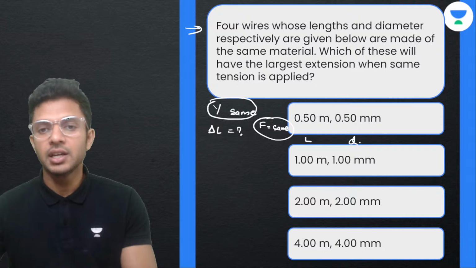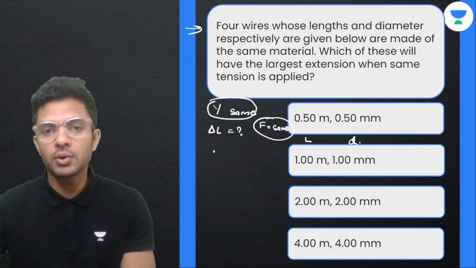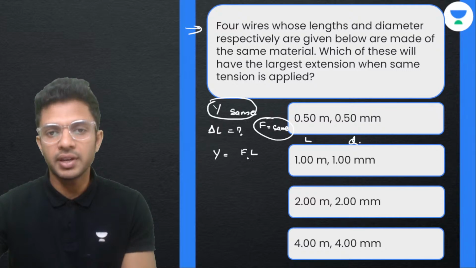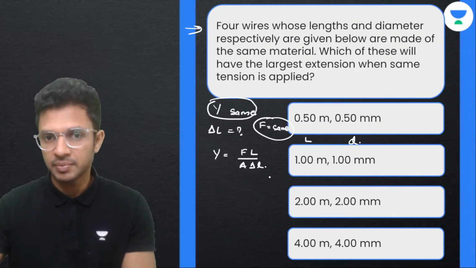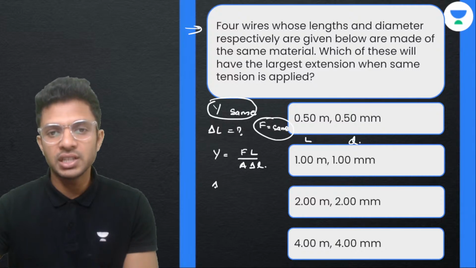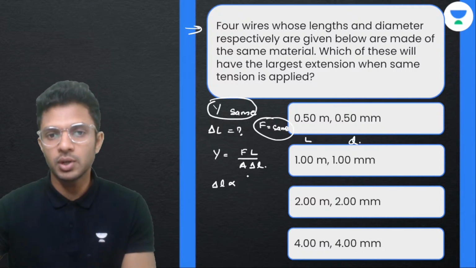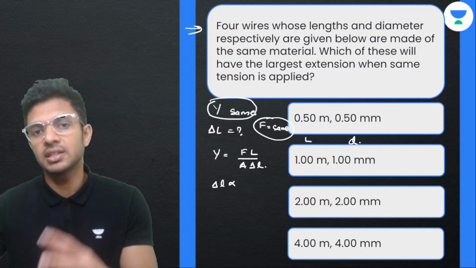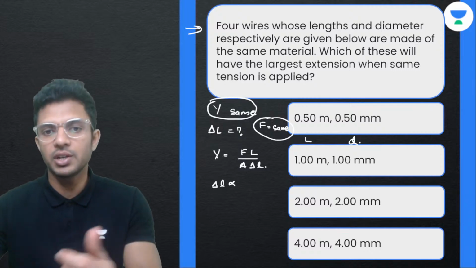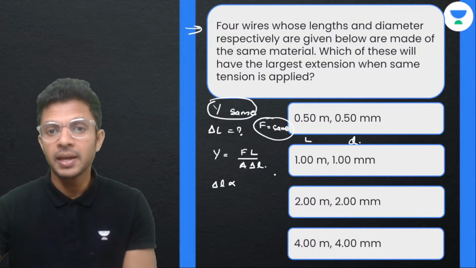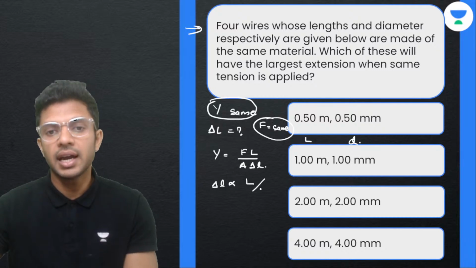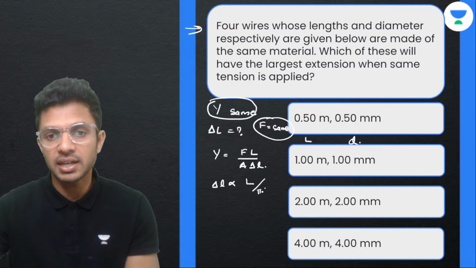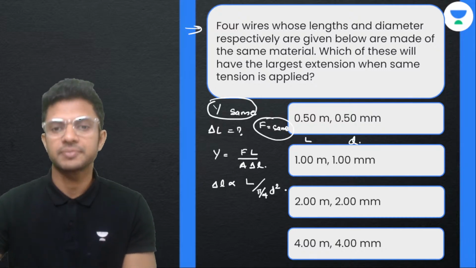Okay, fine. So let's do this. What is the formula? We all know that Young's modulus is equal to FL divided by A delta L. So change in length will be proportional to what? Force, and Young's modulus is constant for all the wires, so we don't need to consider them for comparison. We'll consider length, which is different for all the wires, and area, which we can write as pi by 4 d square.